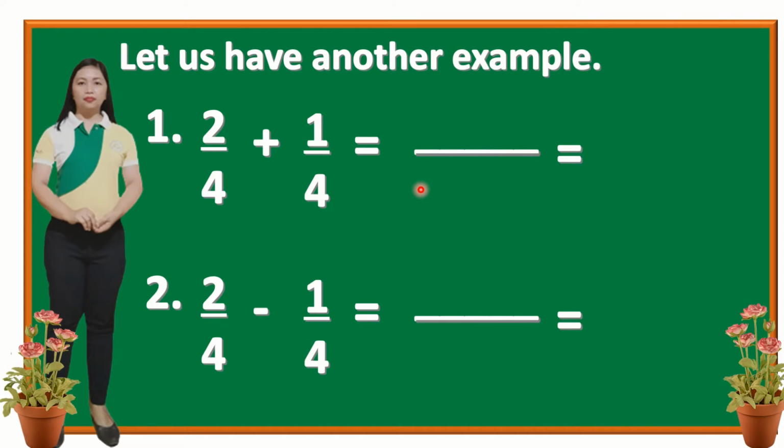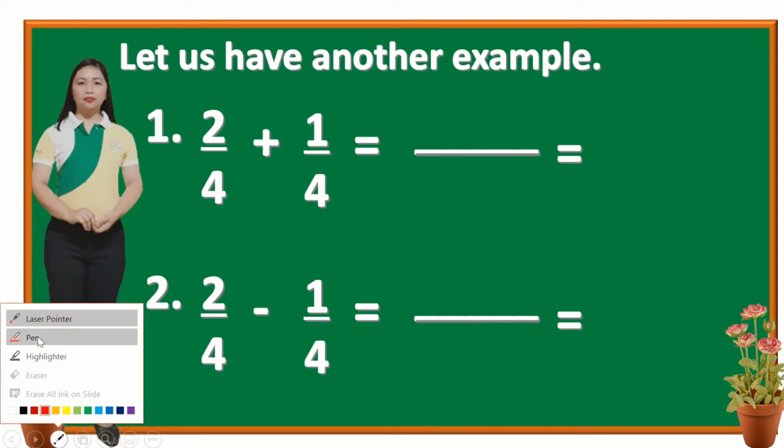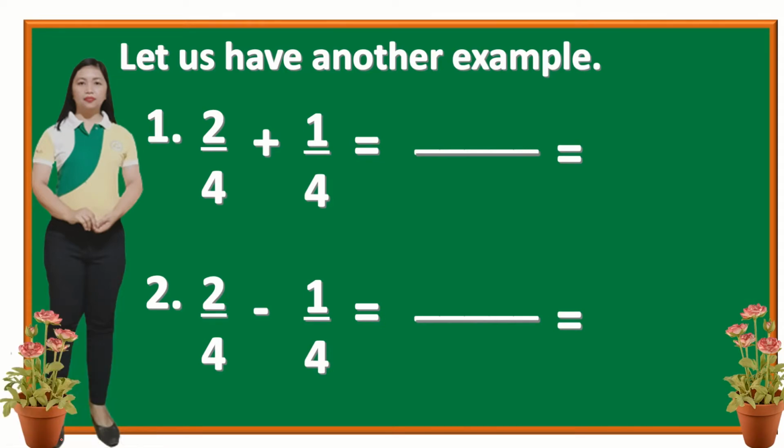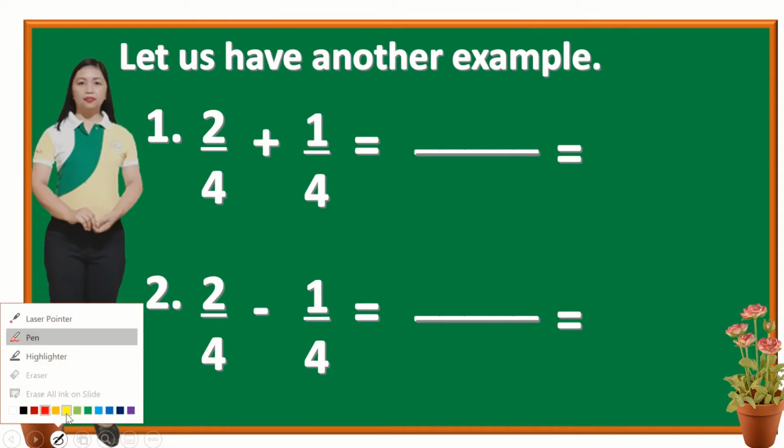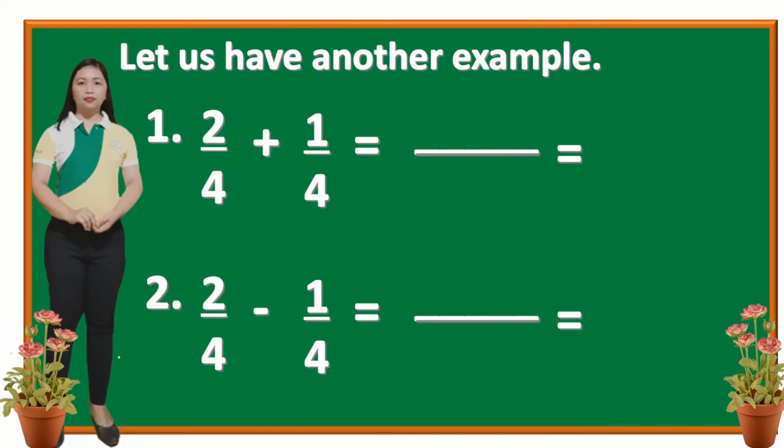Okay. So, we will find a pen. Where is the pen? Here's your pen. And then we will make it yellow so it can be seen.